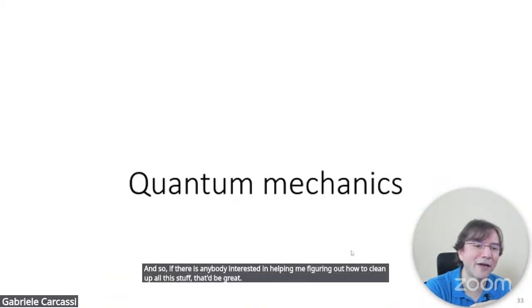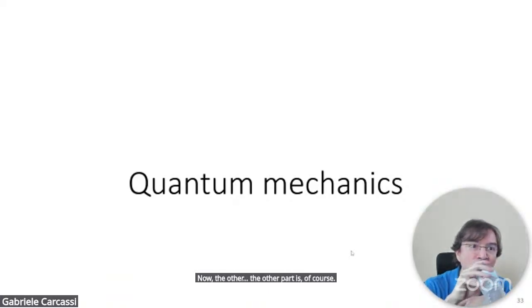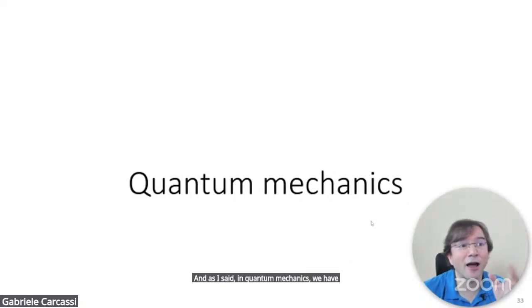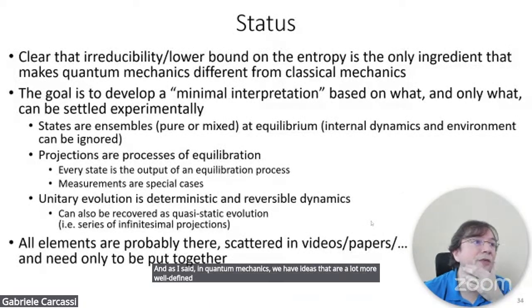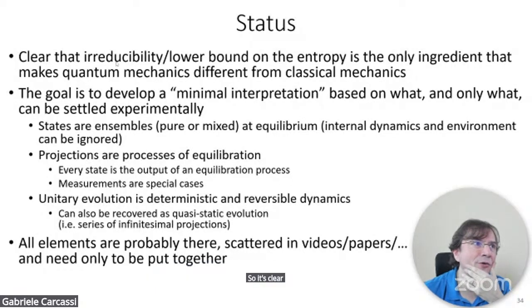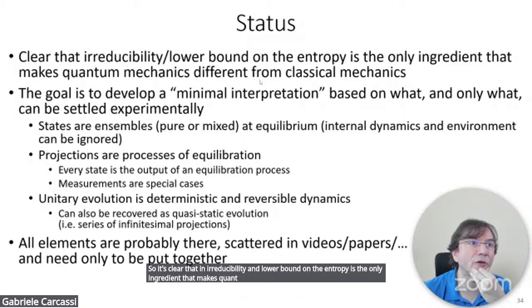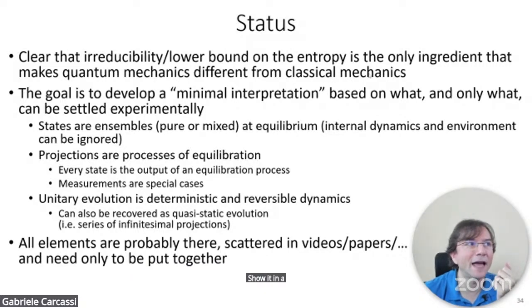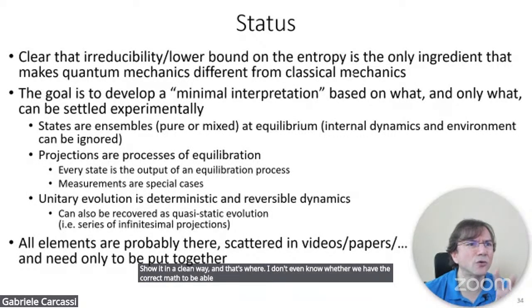Now, the other part is, of course, quantum mechanics. As I said, in quantum mechanics we have ideas that are a lot more well-defined than we have in thermodynamics. So it's clear that irreducibility and a lower bound of the entropy is the only ingredient that makes quantum mechanics different from classical mechanics. The problem is showing it in a clean way, and I don't even know whether we have the correct math to do that, so we have to become a little bit more inventive.